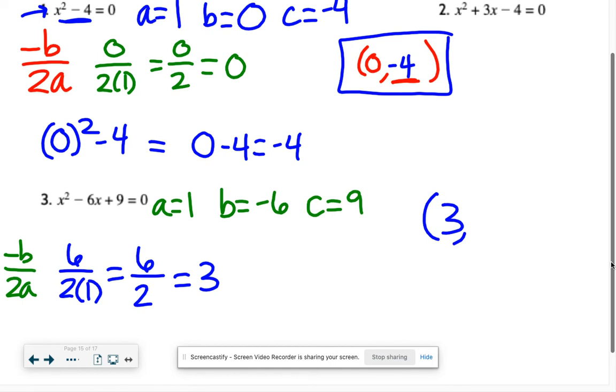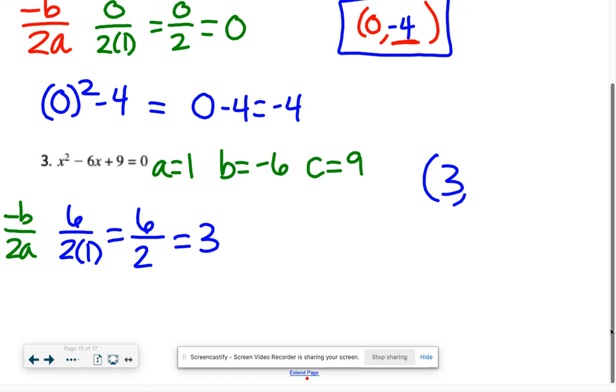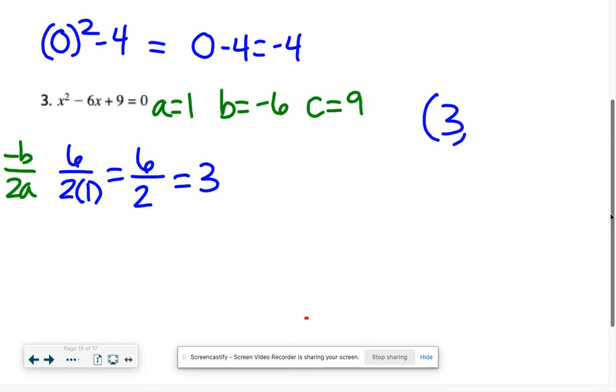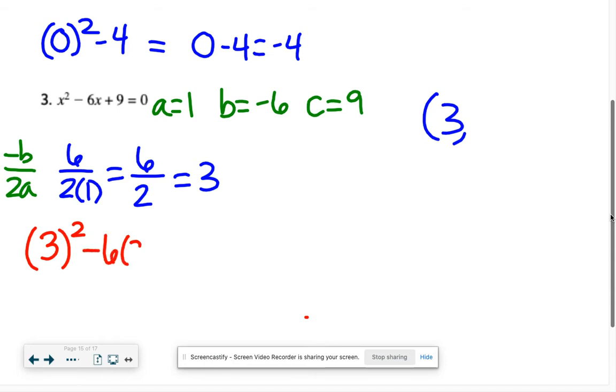Now how do we find our y coordinate? We plug in. Oh, sorry, kiddo, it's just 1 second here. Okay, so we're going to have, remember, anywhere you see an x, you plug in that 3. So 3 squared minus 6 times 3 plus 9. Now we just have to kind of work through it. Again, if you're really good at typing this into your calculator, go for it.